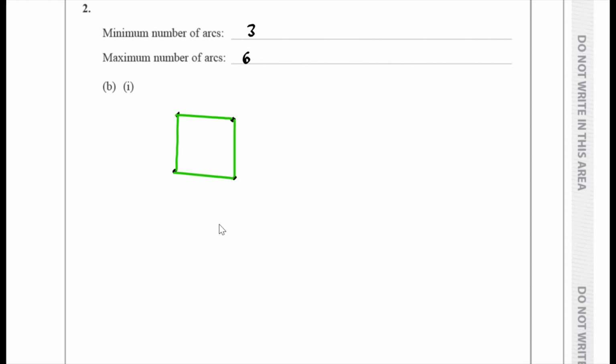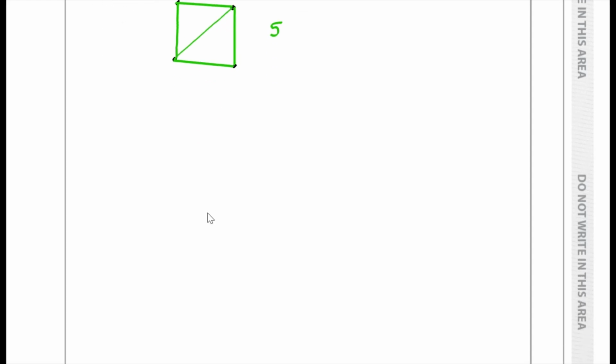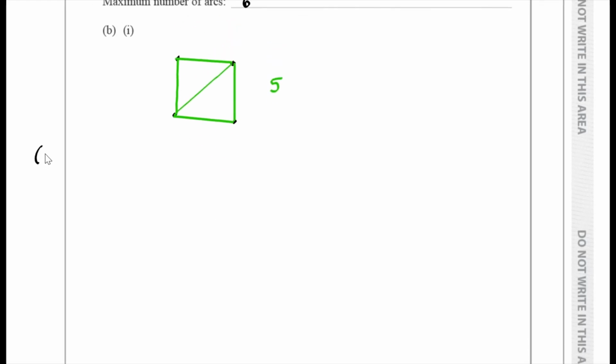This is all simply connected, and if I join one of the corner ones to the other corner one, you'd find over here we have 4 vertices and 5 arcs, and therefore for the next part you'd find over here that we have exactly 2 odd nodes.